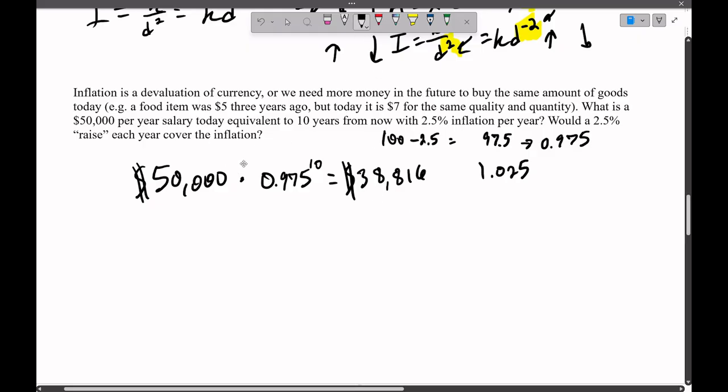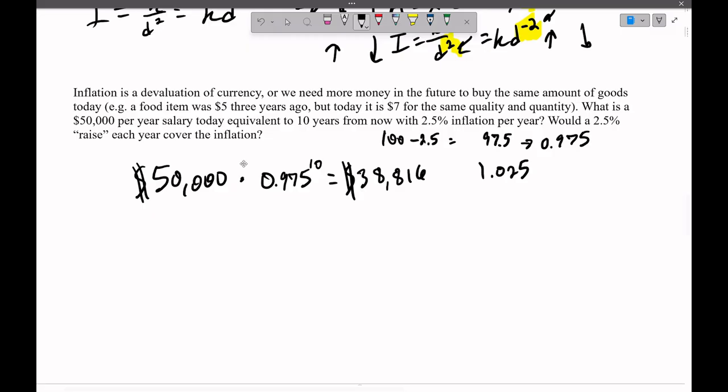Now, what happens if you were to get a 2.5% raise each year to cover the inflation? What does that look like? Well, that's the same thing as saying $50,000 times this raise, 10 times, but you're also deflating the value of the dollar at that rate. What does that give you?